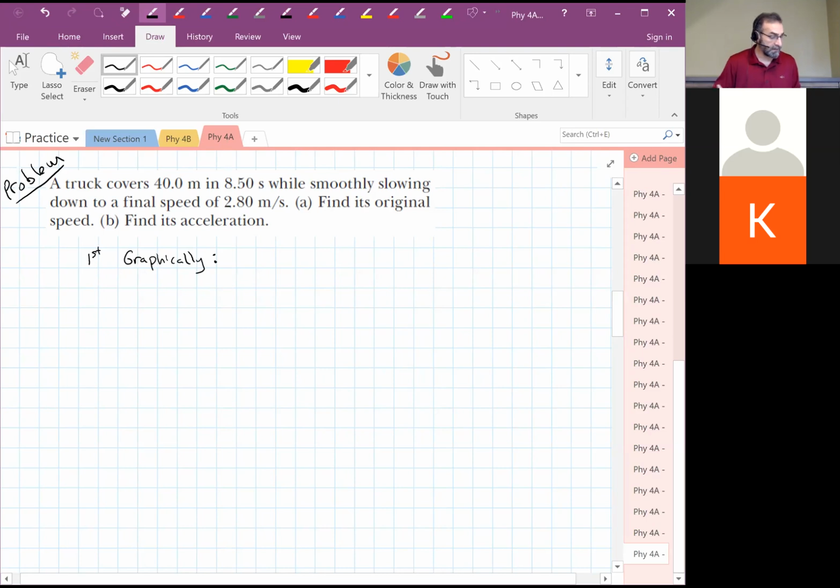So let's make a graph of velocity versus time. I'll give you a minute to do that. See if you can graph velocity versus time.